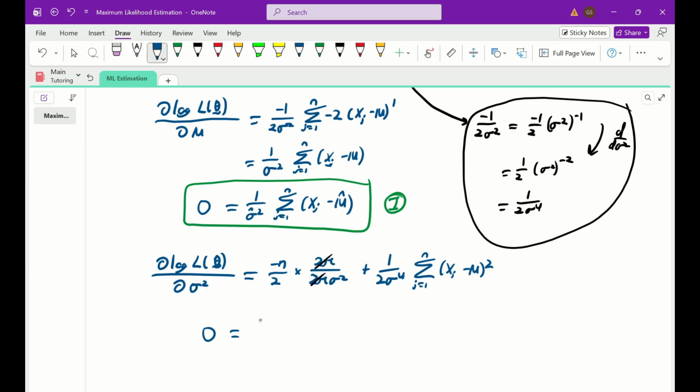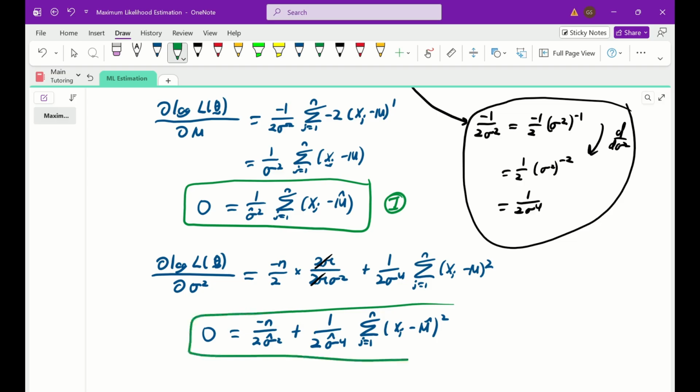And so you're just left with a negative n on 2 sigma squared hat, since it's equal to 0 at the MLEs, plus 1 on 2 sigma to the 4 hat, and then sum j equals 1 to n of xj minus mu hat squared. Okay, so this forms our second likelihood equation. I'll put that in another green box, label it number 2, and so these are our likelihood equations.